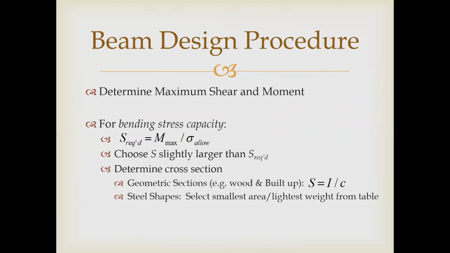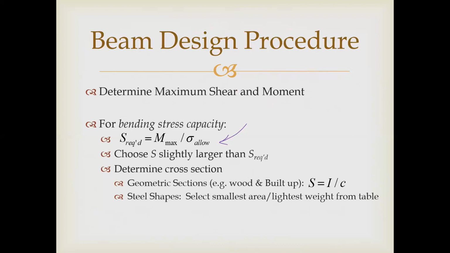In order to do this, the first step of your procedure is always going to be to get your maximum shear and moment. So you're going to do your shear diagram, your moment diagram. Then you're going to check for the required S, and you're going to choose one that's slightly larger than what's required.